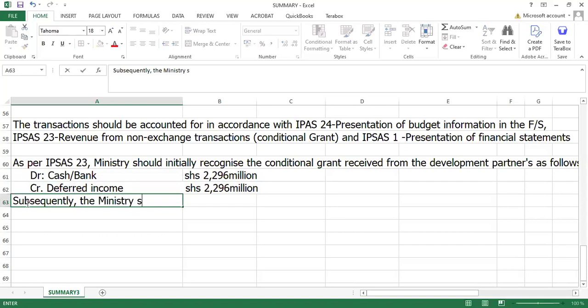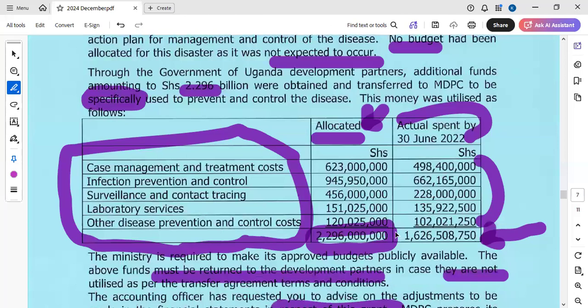Subsequently, the ministry should, because they utilized the money. When you look at our question, the entity utilized part of the money. The money you utilize, you recognize it now as your actual revenue.